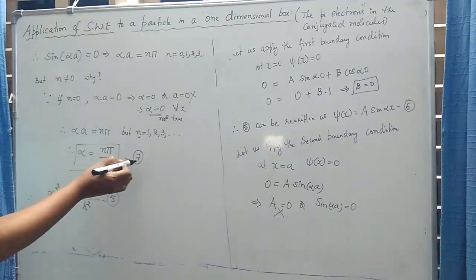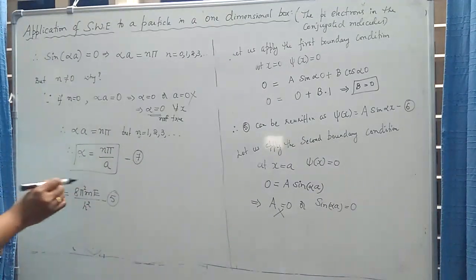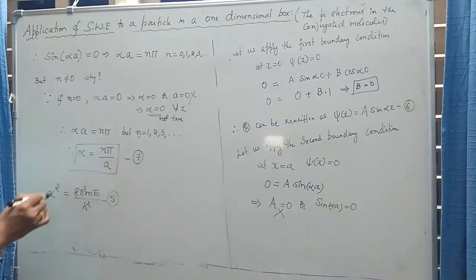And in equation 7 you have another expression for alpha. So what I will do is I will substitute equation 7 into the LHS of equation 5. Let us see what will happen.